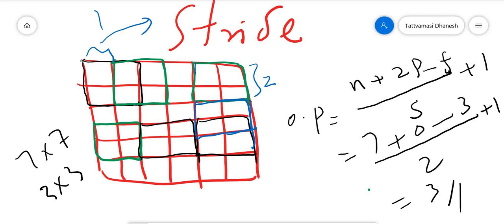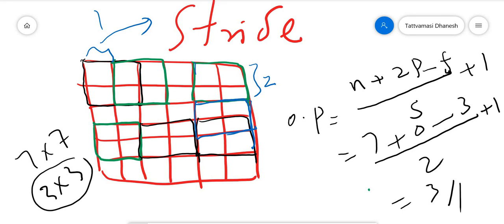When you calculate this formula, one more thing: sometimes you will get decimal values as well. I told you the filter size is usually odd.